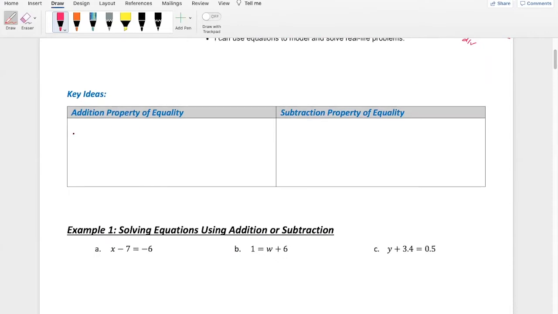Just to review some properties that we've worked with. The addition property of equality.